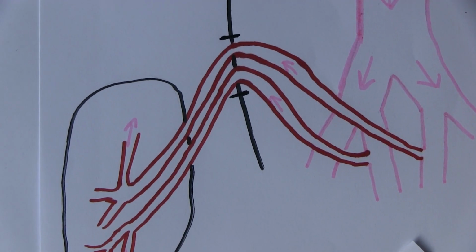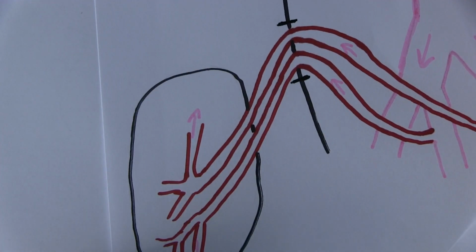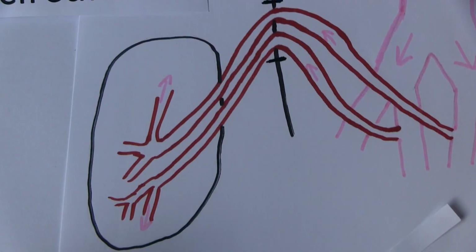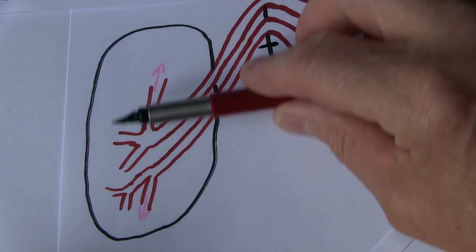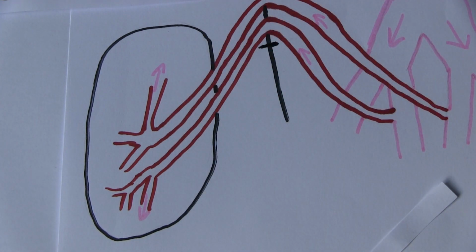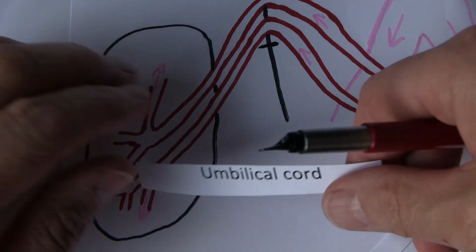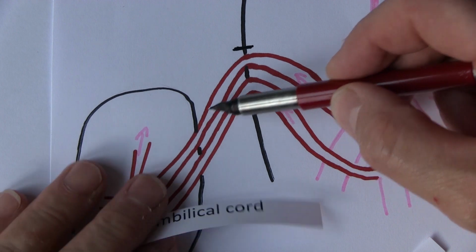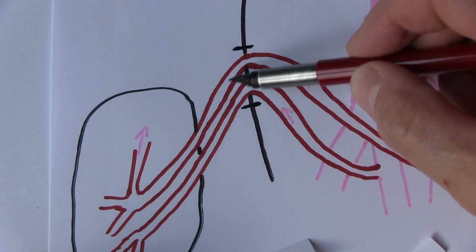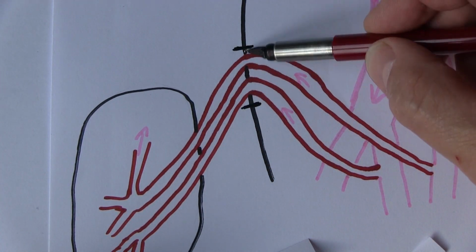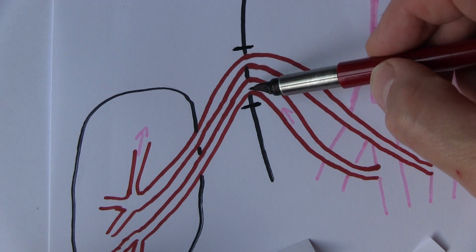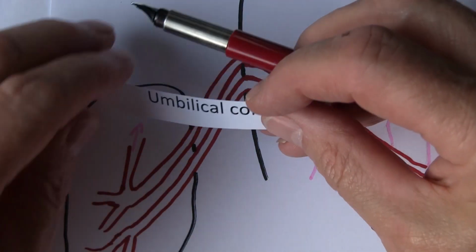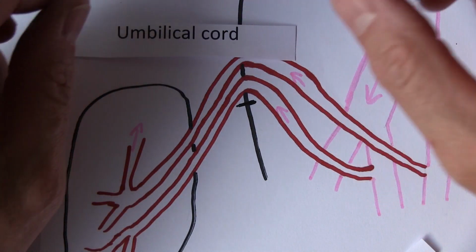And this is taking blood to the placenta, and from there it's going to go into the capillaries of the placenta to be oxygenated from the mother's circulation. So this bit I've drawn from here all the way really to here, from the baby's abdominal wall, from the umbilicus to the placenta, that area is the umbilical cord.